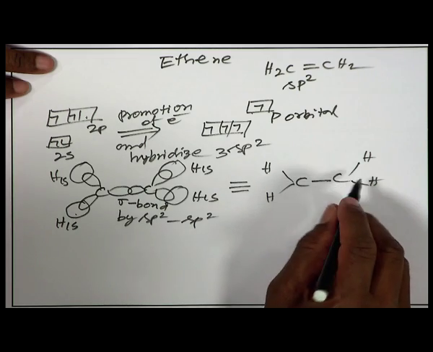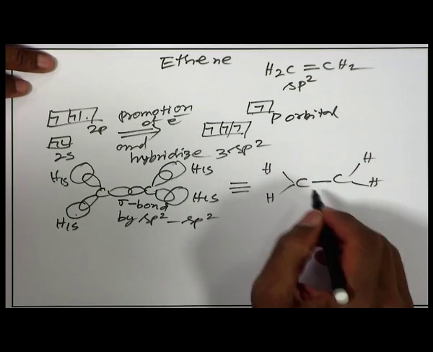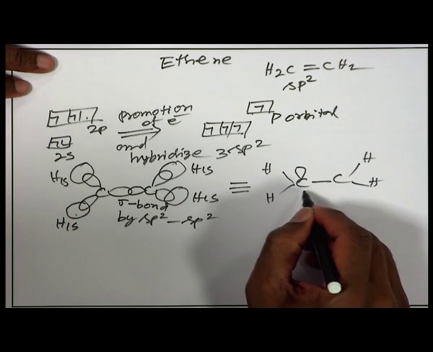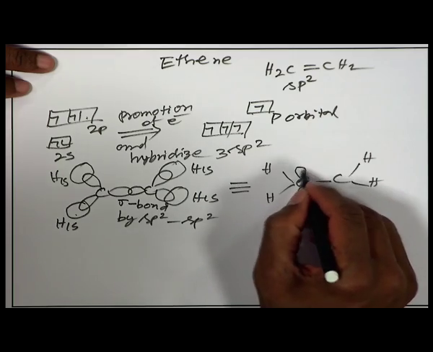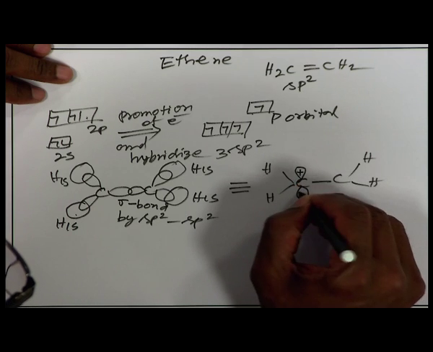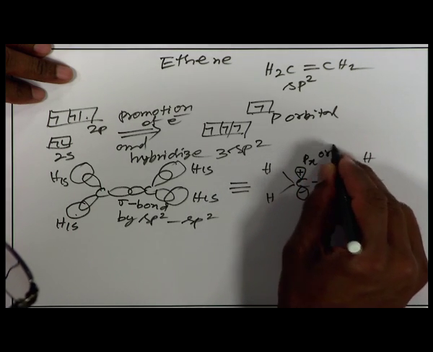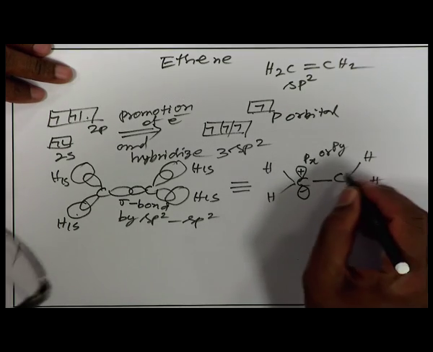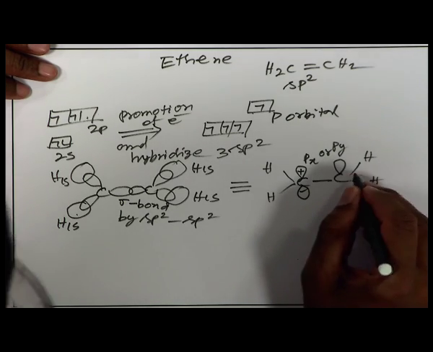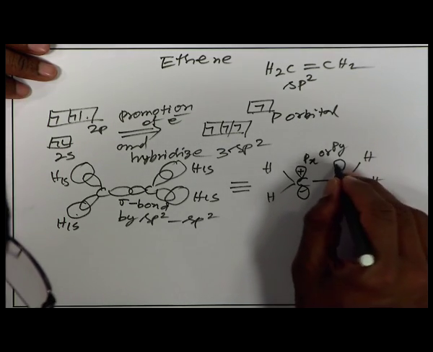You know that there is a p orbital lying on each carbon atom. There is a p orbital here and a p orbital here, which can be px or py orbitals, which can overlap with the px or py orbital lying on the other adjacent carbon atom.